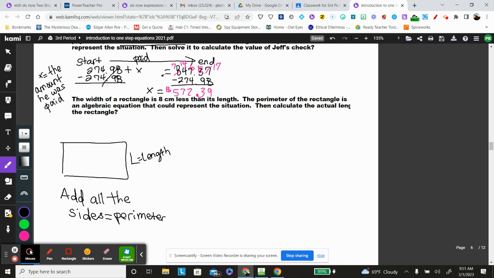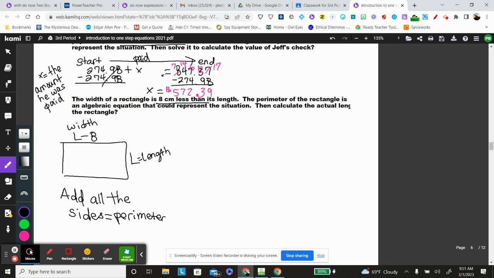But I do know the width is 8 centimeters less than L. So it's L minus 8. Somebody tell me how I figured that out? Yeah, less than should be subtraction.